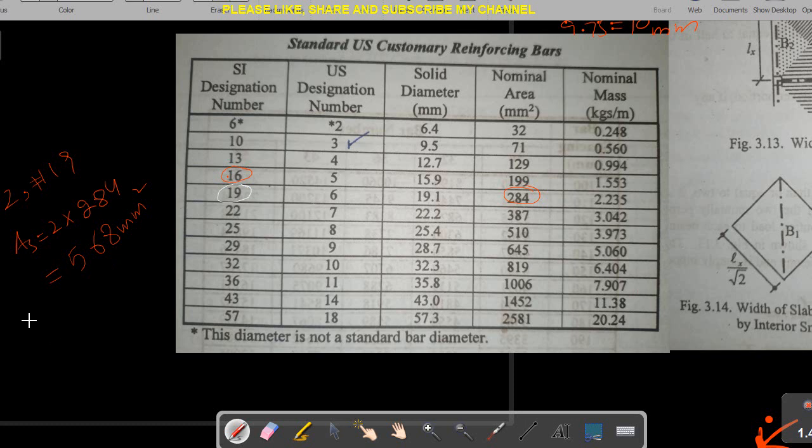And if I use one number 16 bar, it will give me an area of steel which is already given here, this one, it is 199 millimeter square.